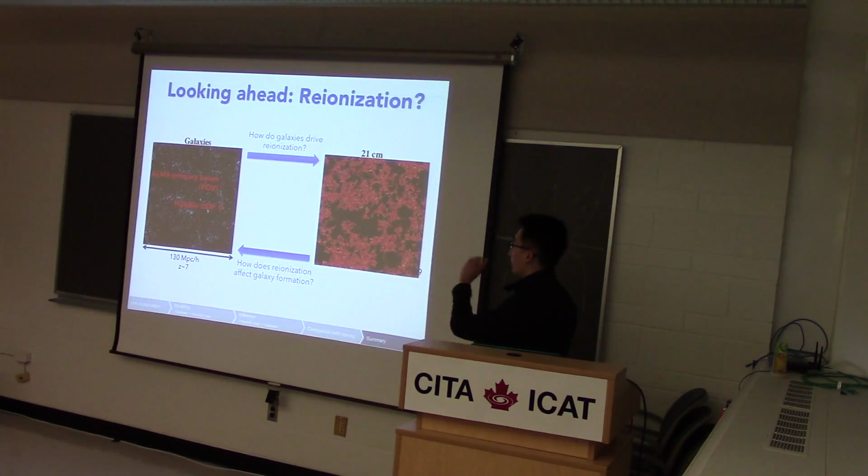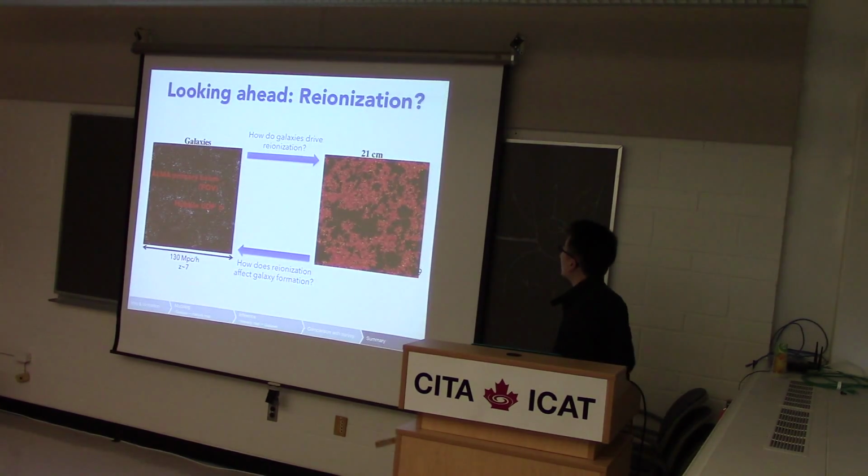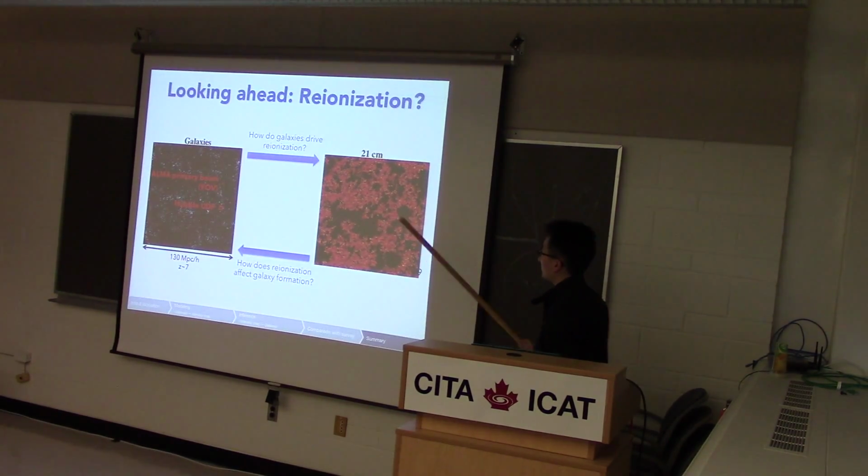So in any given pointing, you have to worry a lot about sample variance from patch to patch. And if you look at the simulated 21 centimeter map on the right, you'll notice the morphology of the ionized bubbles is quite inhomogeneous on very large scales. So this inhomogeneity is probably quite important. If you want to probe that, you need these large volumes and these large areas.